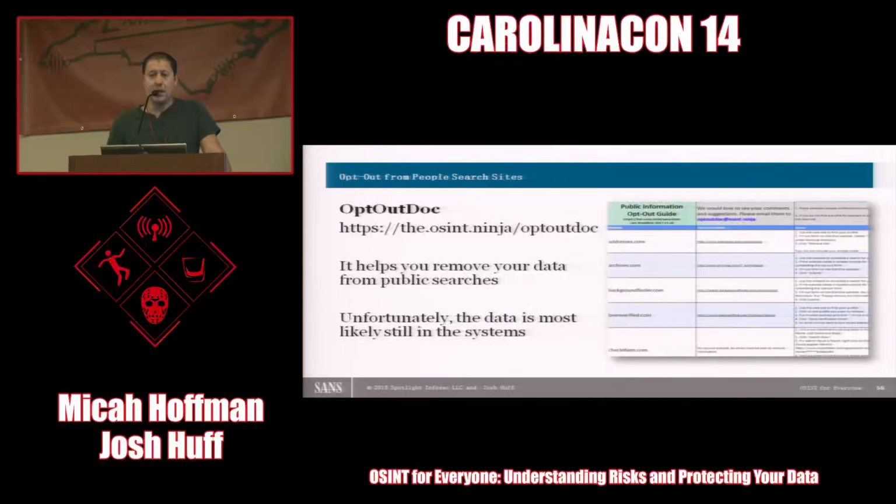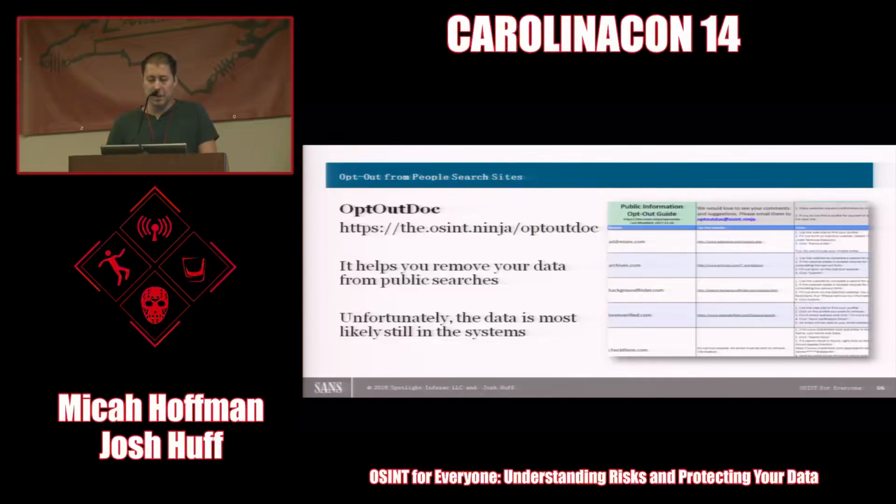The items that are already on the internet, the opt-out policy that's in place on a lot of the people search sites. This document, Micah's coworker put together. It's a really handy one that hits a lot of the major people search sites. Some of those sites are pretty easy to opt out of, and you can just go to a link, find your entry and drop it.